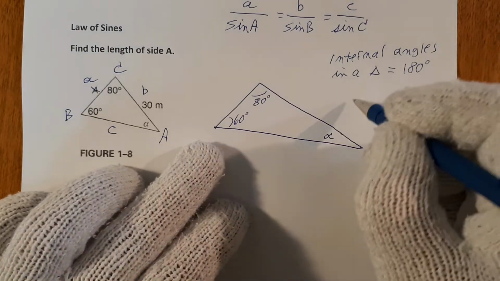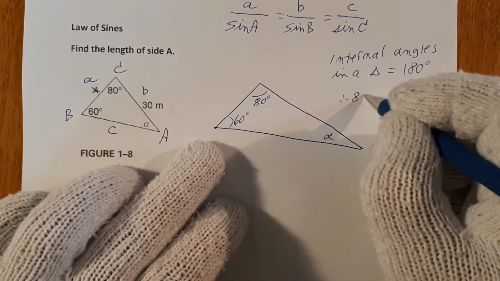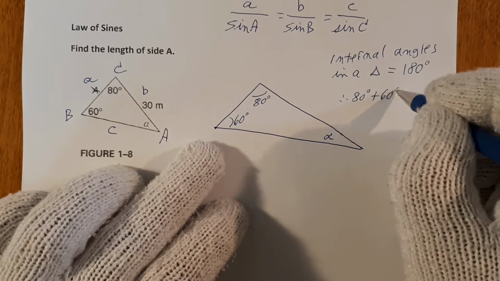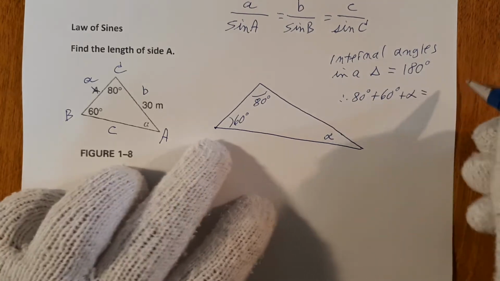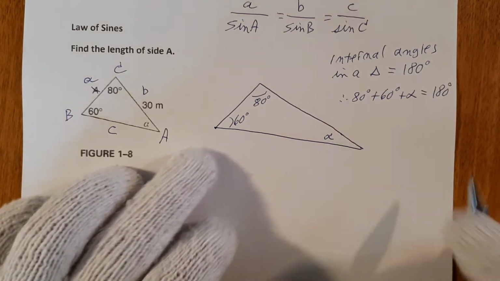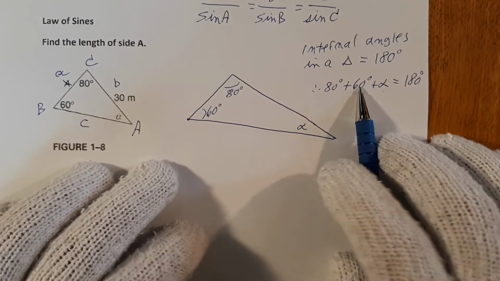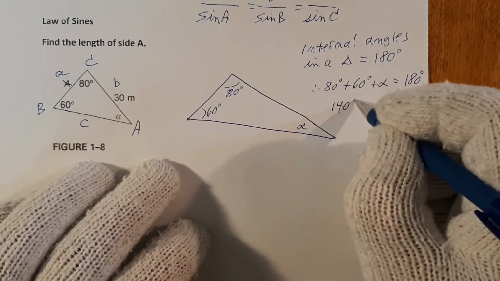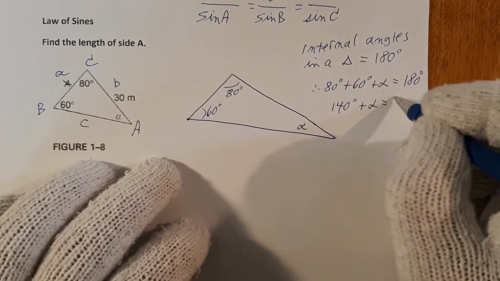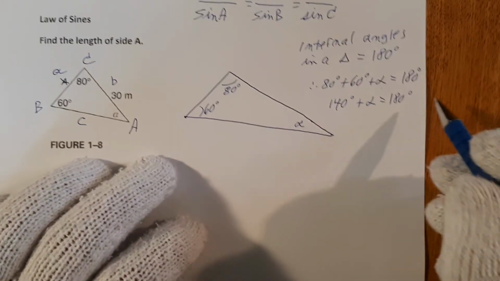Therefore, 80 degrees plus 60 degrees plus alpha must equal 180 degrees. You want to solve for alpha. Those two added together is 140, plus alpha is equal to 180 degrees.